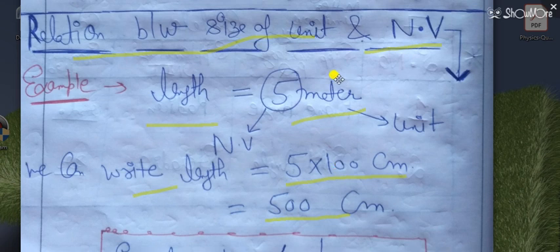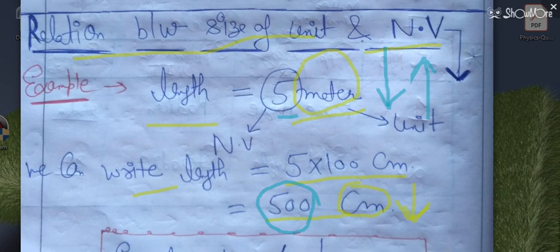Now meter is a larger unit, meter is greater than centimeter. So 1 meter is equal to 100 centimeter. That means when the unit decreases, like centimeter is a smaller unit of length, its numerical value, which was earlier 5, is now 500. So when the unit decreases, the numerical value increases. That means they have an opposite relation.